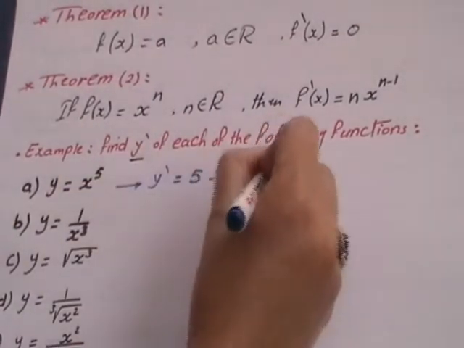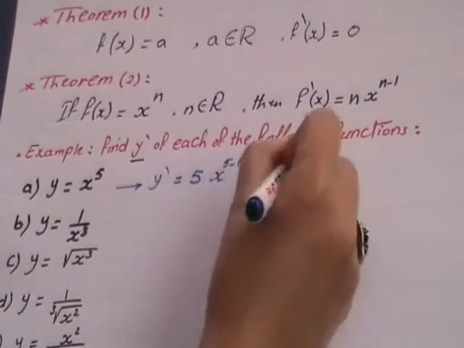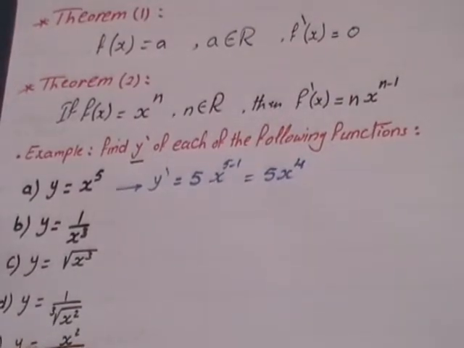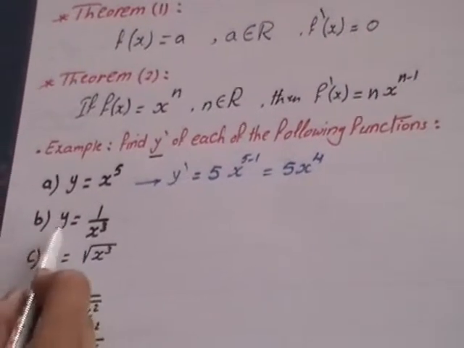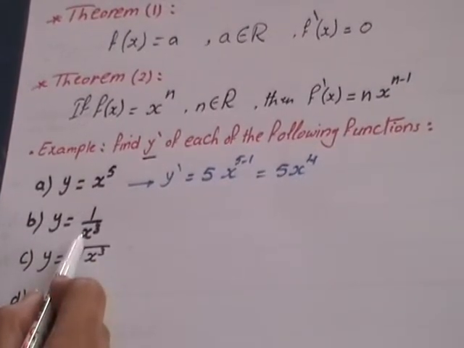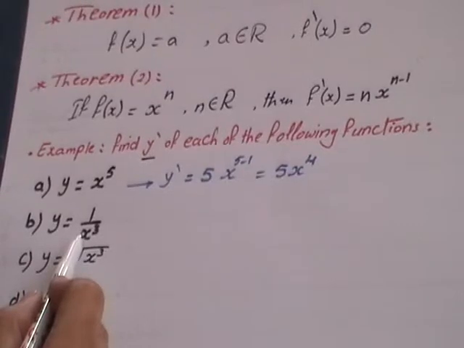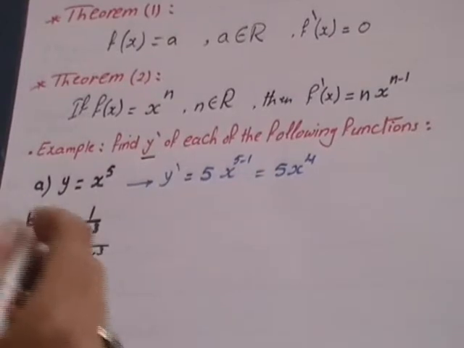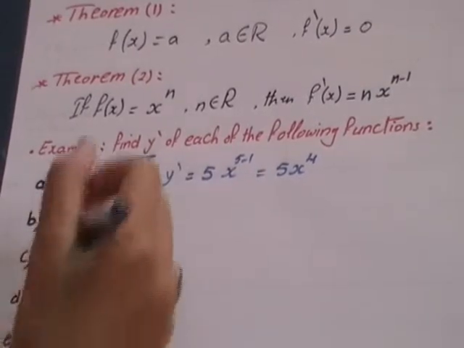So the final result will be 5x to the power 4. Then the second example, part B, y equals 1 over x to the power 3. How do we get the first derivative of this function? The first step is to reorganize this function like this.